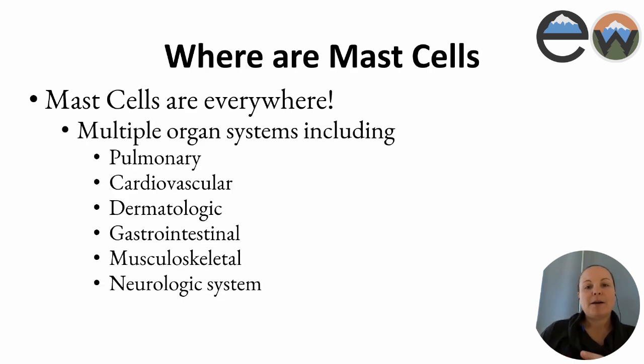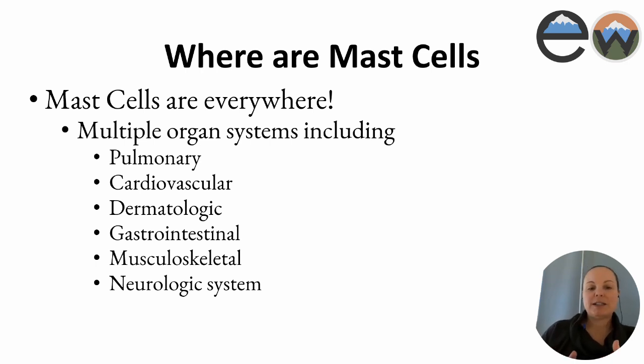Mast cells are everywhere. And this is where it can be very confusing when you're looking at somebody that has so many symptoms and so many different systems, that it might be something regarding a mast cell dysfunction.